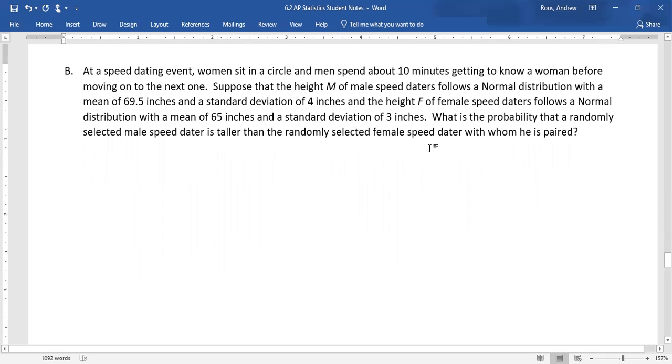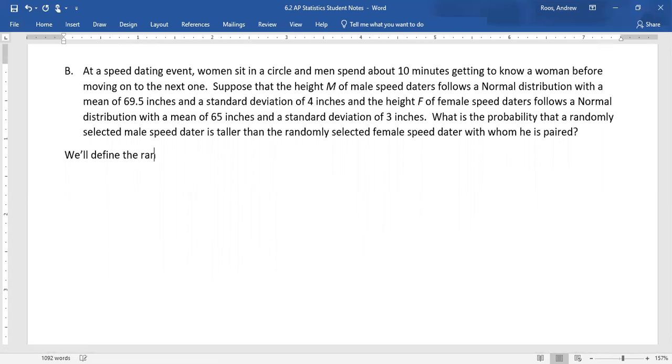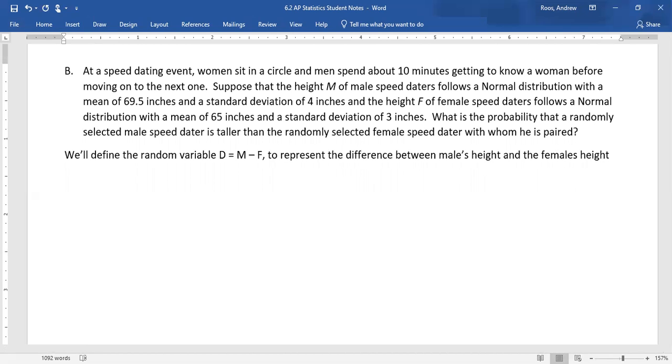Okay, so if we define the random variable D to equal M minus F, right? So that's going to represent the difference between the male's height and the female's height.